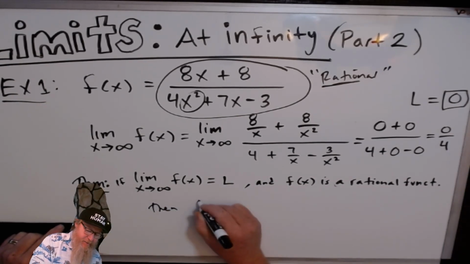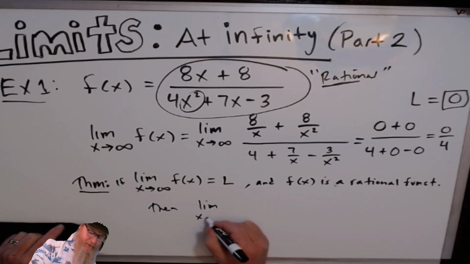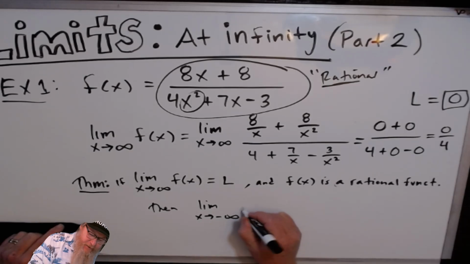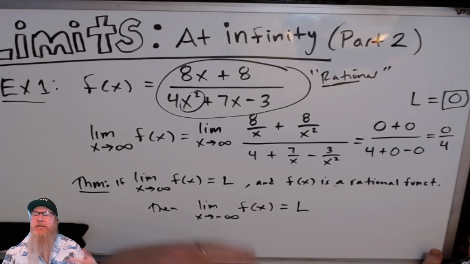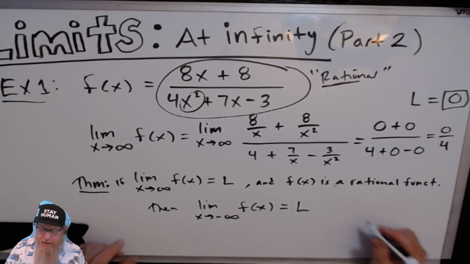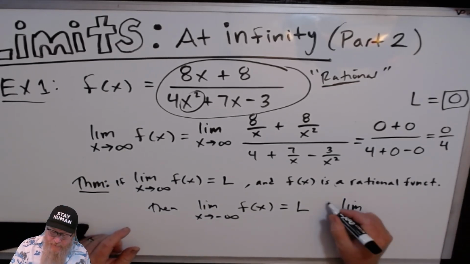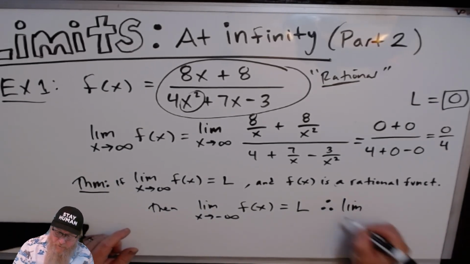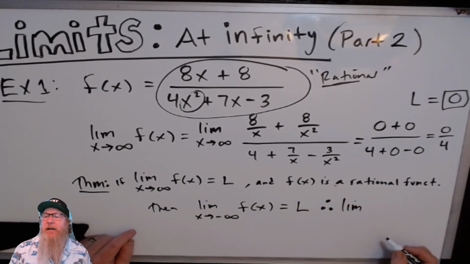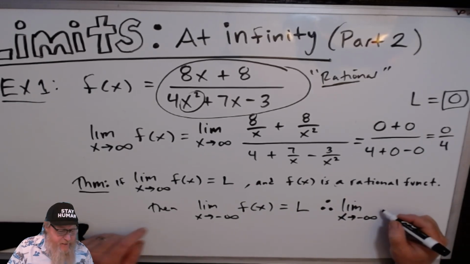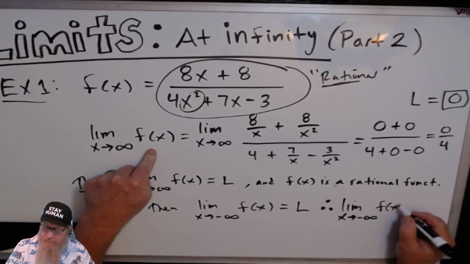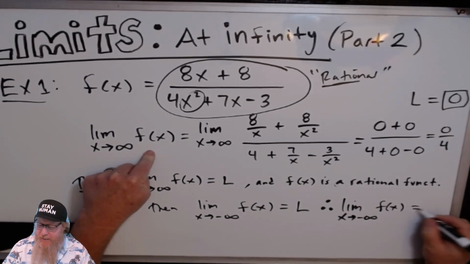Then the limit as x approaches negative infinity is also L. So this is a buy one, get one free. This is the symbol for therefore. 3 dots. The limit as x approaches negative infinity of this function, I'm using the same function, is also 0.